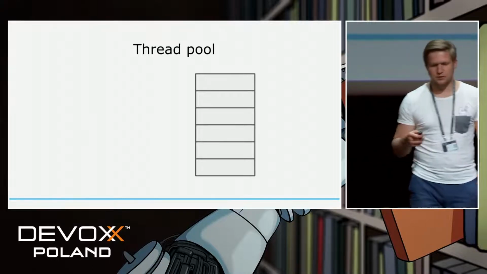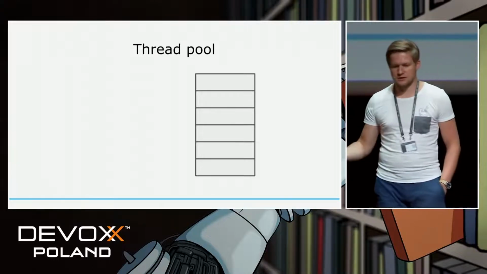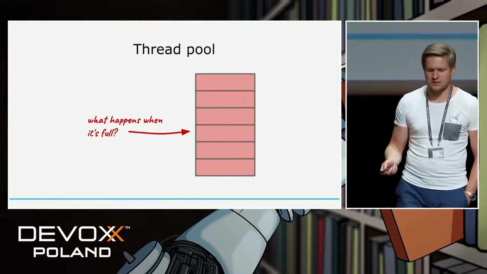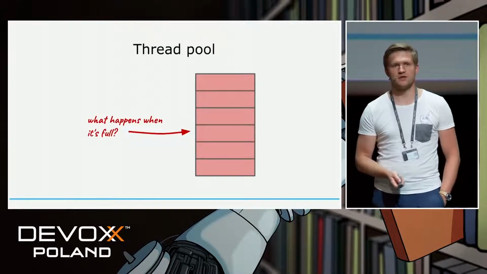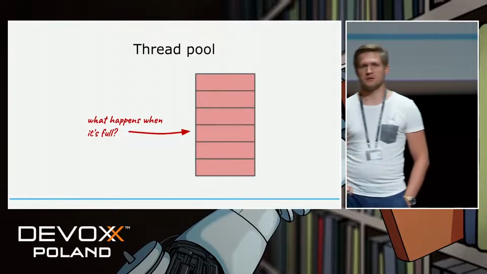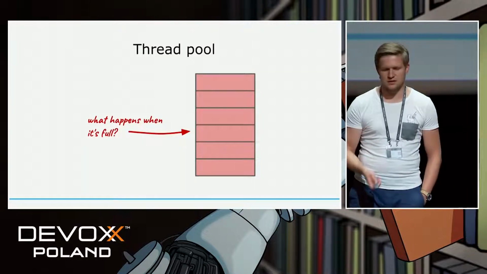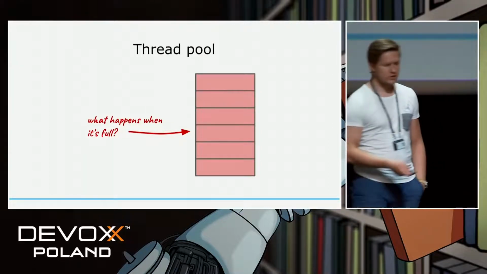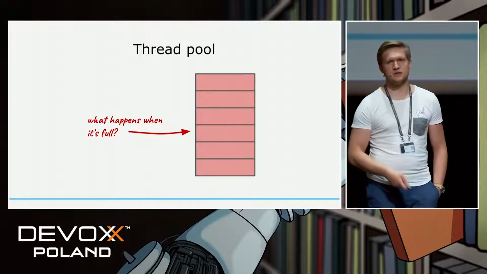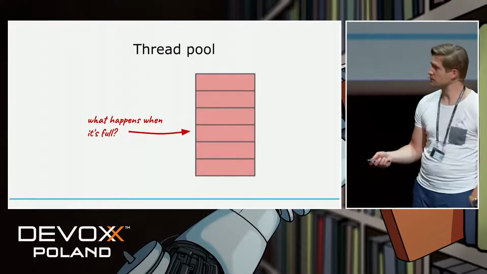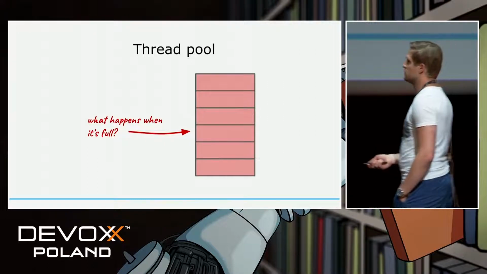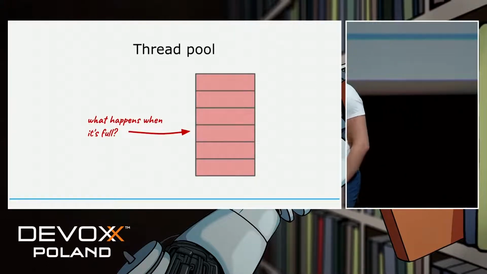A thread pool is a very simple concept. You get some resources and you just want to cache them. But what happens when the thread pool becomes full? So you got 6 threads and all of them are busy, and a new task comes. Well, as in all pools, usually there's some kind of queue.